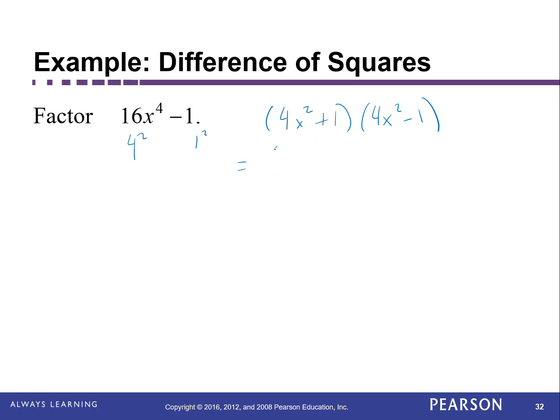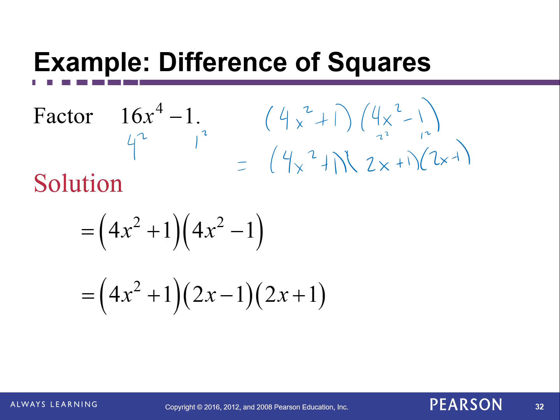This one can't because it's added, so we're going to leave it alone. But I think this next one, this 4 could be a 2 squared. This 1 can still be a square, so this could even break down into 2x plus 1 times 2x minus 1. And it does. That's your difference of squares.